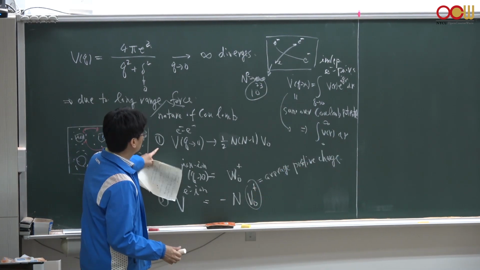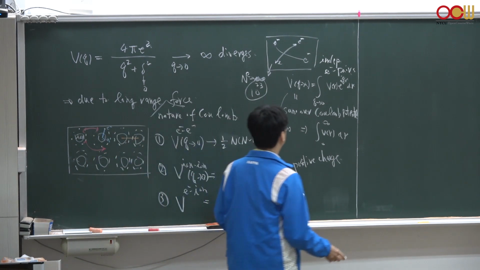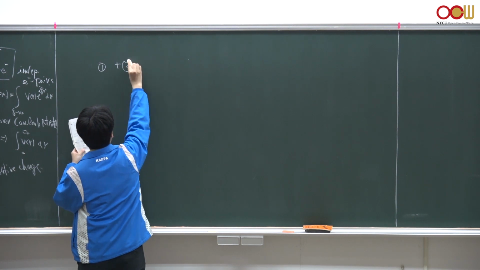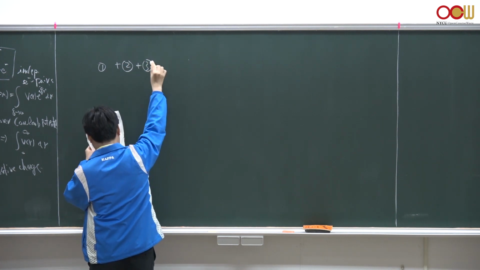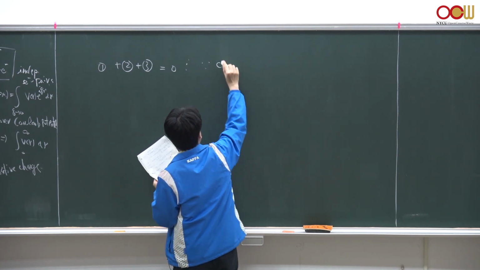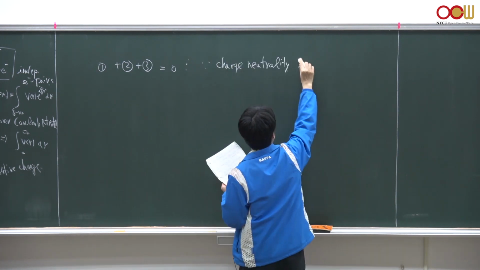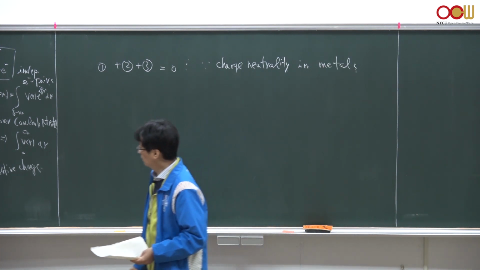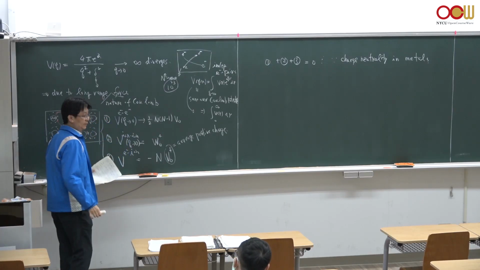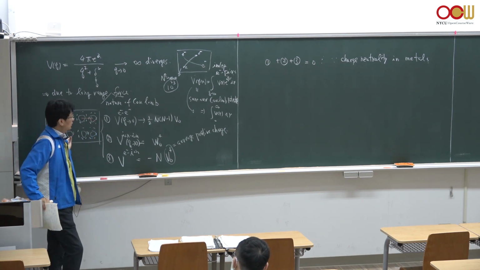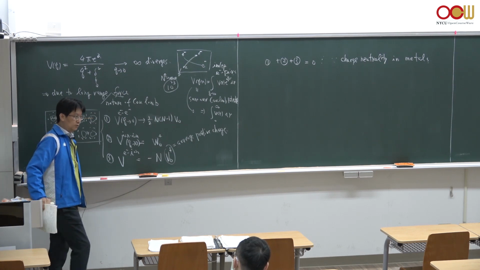All right, so you could sum up all these three, 1, 2, and 3, and you get 0 because of charge neutrality in your metals. When you sum over all these Coulomb energies between all pairs of charged particles in your solids or metals, you effectively sum over all charged particles.